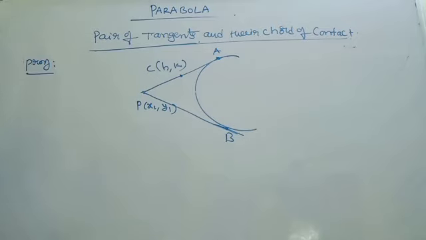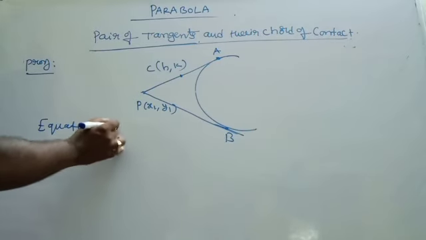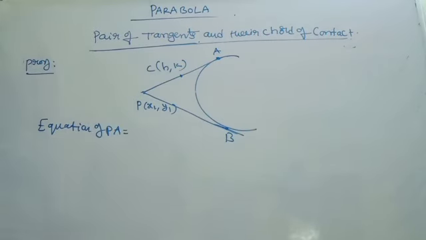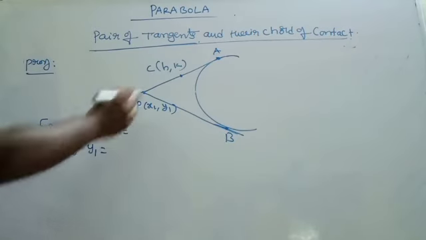Now what is the equation of PA? PA is the tangent. Actually you know two points, and once you know two points, you can easily find the equation of the line. That is, y − y1 equals the slope of this line.